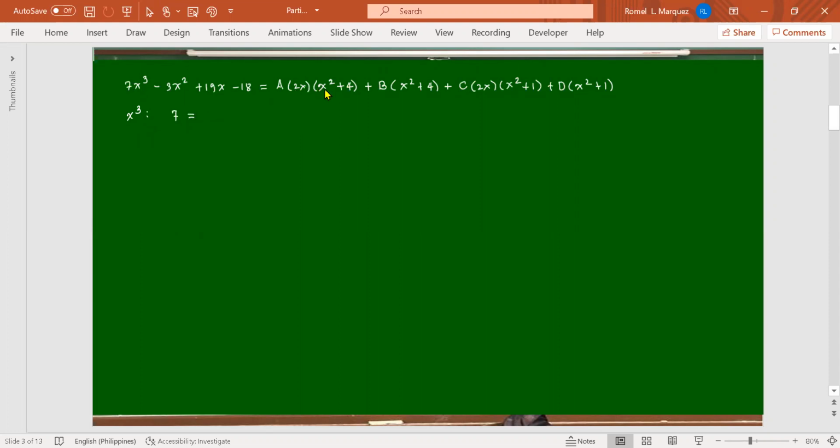On the right side, we have the terms that will have x cubed. We have A times 2, then x cubed, so the coefficient is 2A, the numerical coefficient. The other term with x cubed is 2C, so plus 2C. So this will serve as equation number 1.